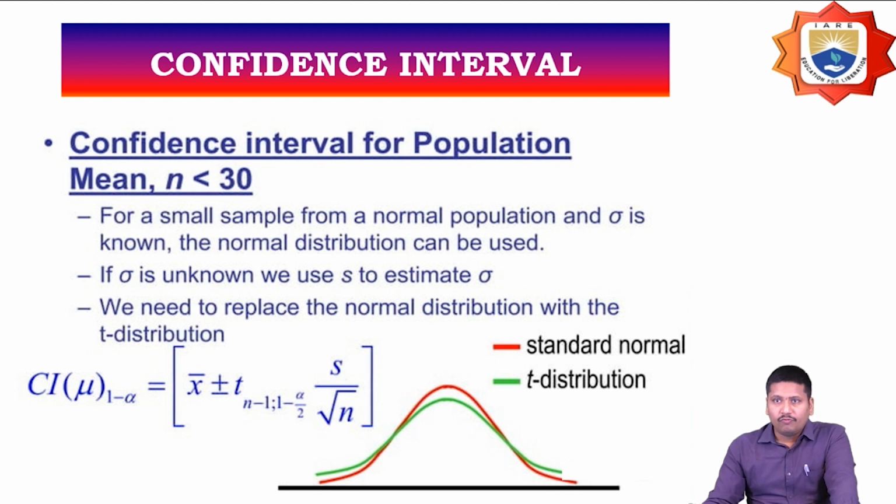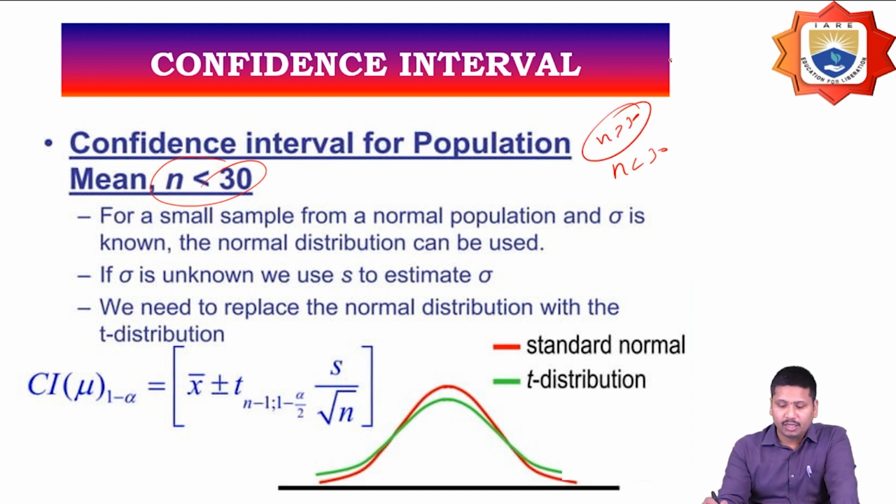Now the confidence interval for the population mean for the second type of problem, where n is less than 30. The previous one was n greater than 30. So for smaller populations, where the n value lies below 30, the standard deviation is also going to be known, which estimates sigma, and in order to handle it we use the t distribution.